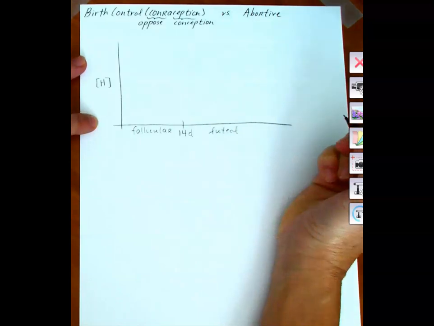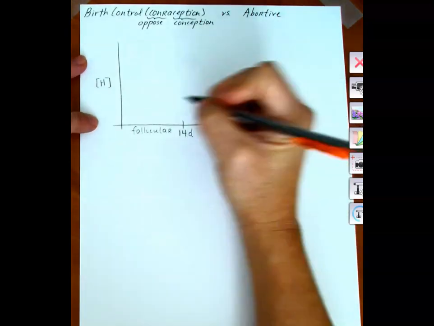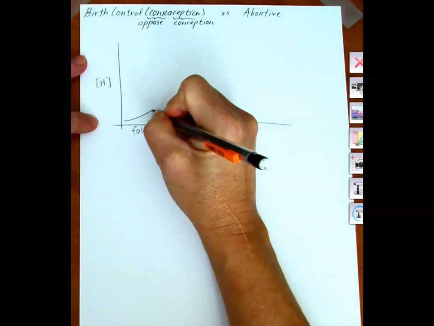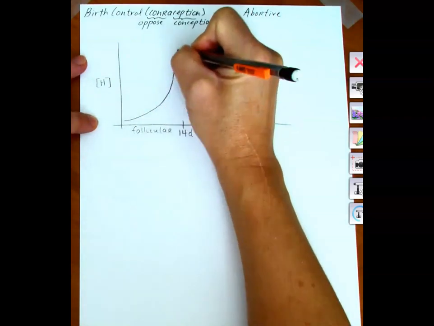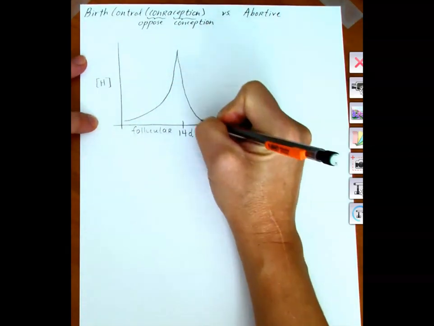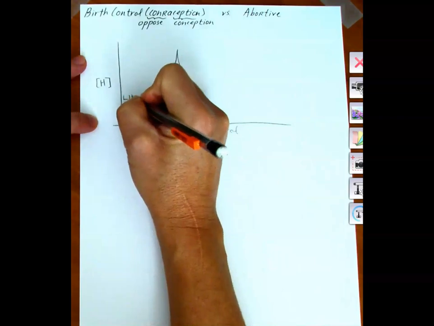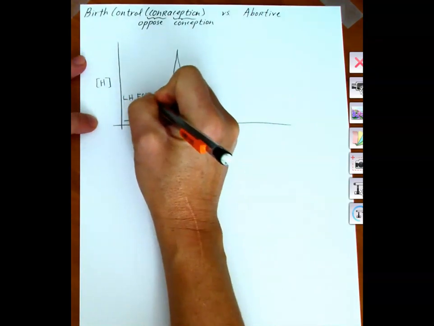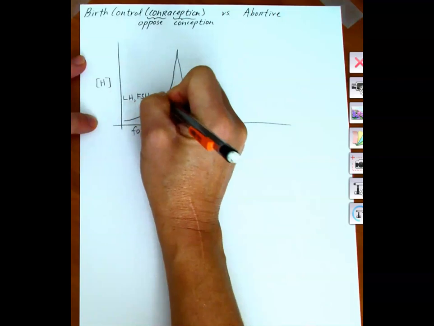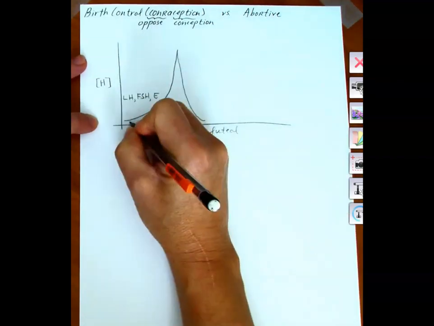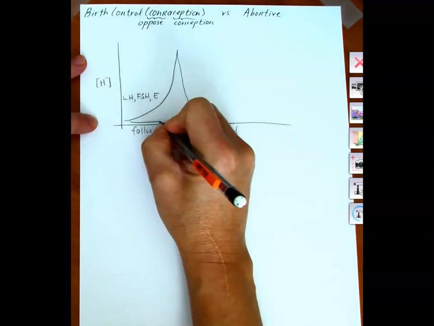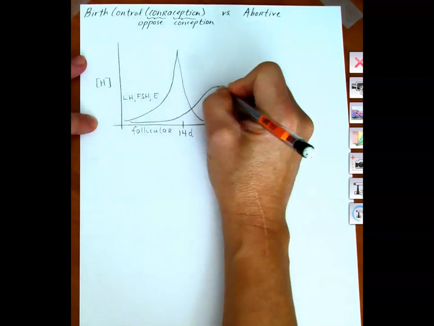Now, the single peak that I'm drawing here is going to represent LH, FSH, and estrogen. And then this line here is going to represent progesterone.